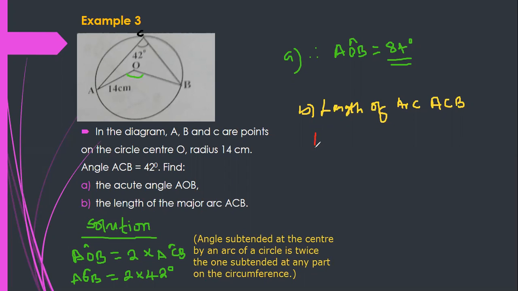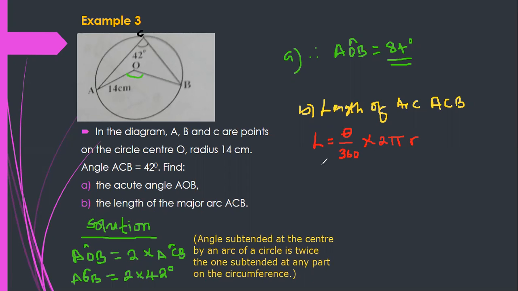Length of an arc which is given as L equal to theta divided by 360 degrees multiplied by 2 pi r.